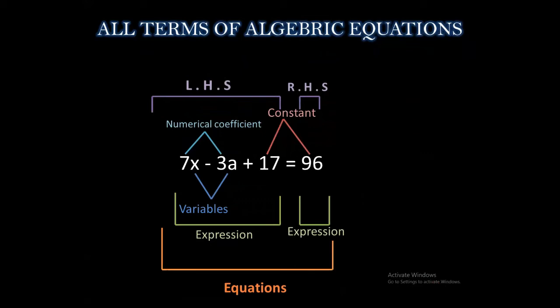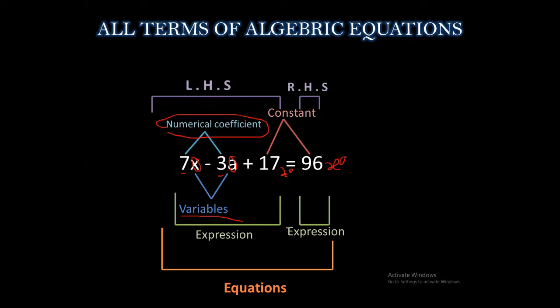Terms of algebraic equations. Here we have an algebraic equation. First we have the variables x and a, and with these variables we have numerical coefficients, which are 7 and 3, and then we have a constant here, which has a variable raised to the power of 0. So these are constants.